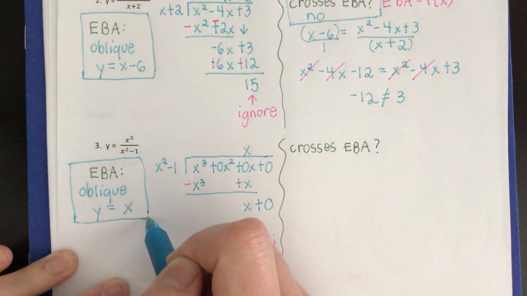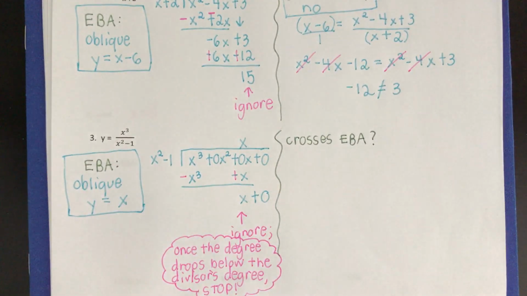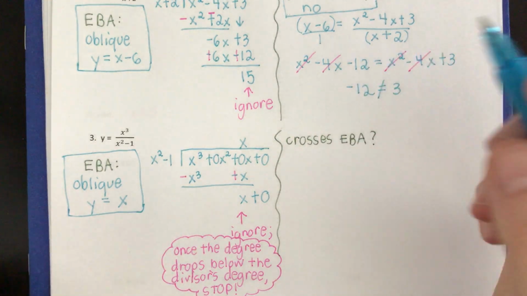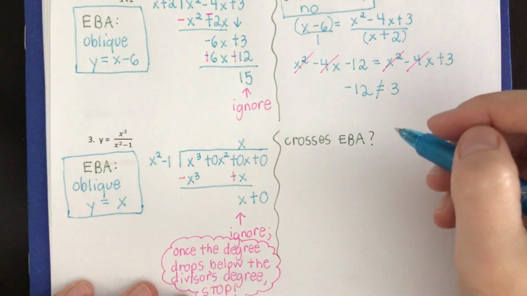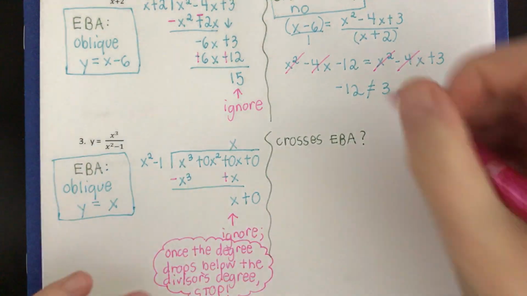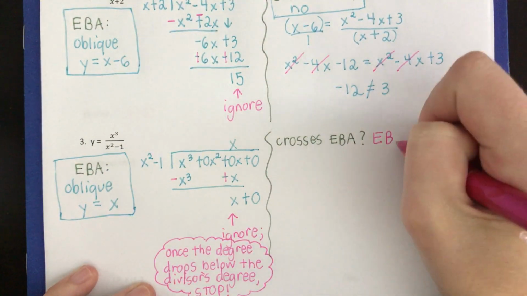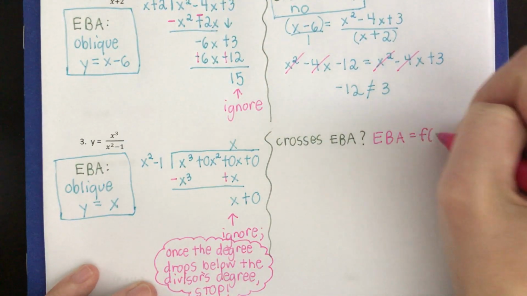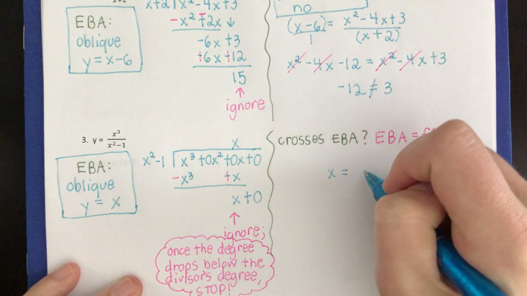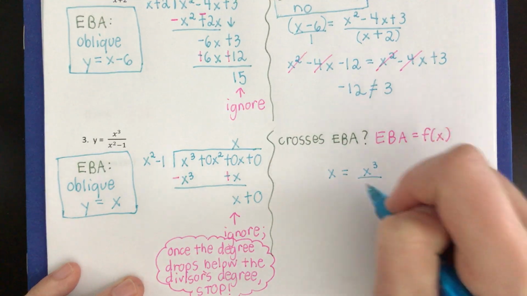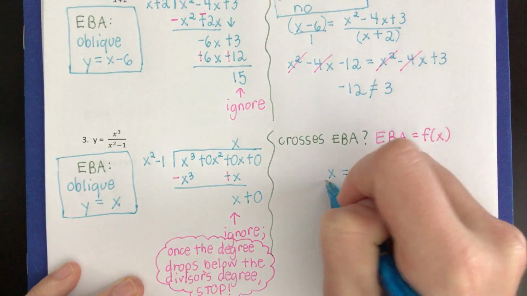And does the graph cross the oblique asymptote? All right, so crosses EBA. I need to change pens. EBA equal f of x. So x equal to x cubed over x squared minus 1.